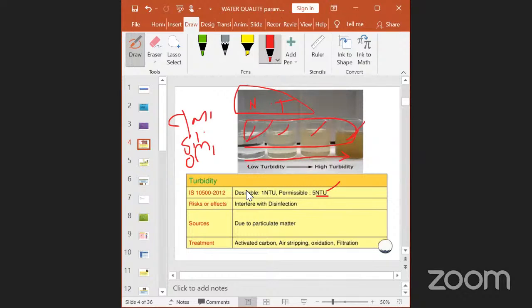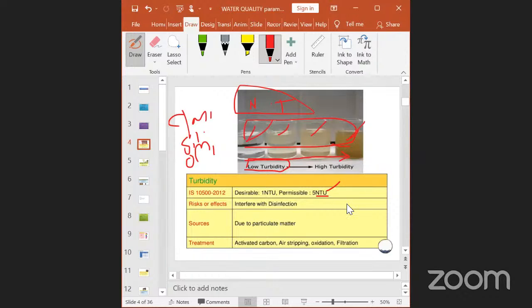Turbidity is a measure of the light transmitting properties of the water. Natural water that is very clear has low turbidity. In high turbidity, water appears cloudy. High turbidity can create problems in the water.